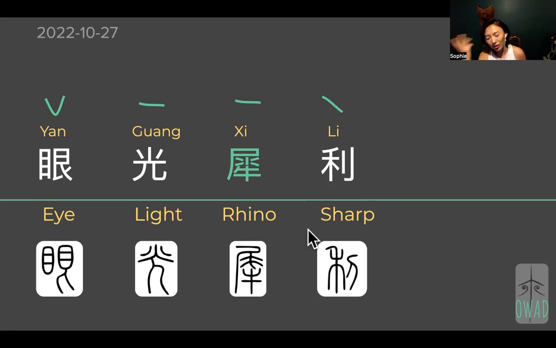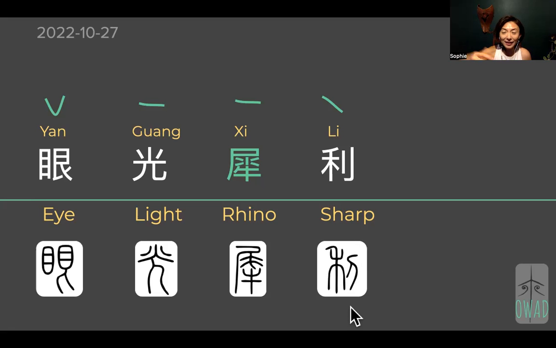I guess the ancient language creators not only emphasized the tail of this exotic ox, they also appreciated that the main thing on that rhino is this horn, and this horn is super sharp. They use that sharp to mean this sharp.